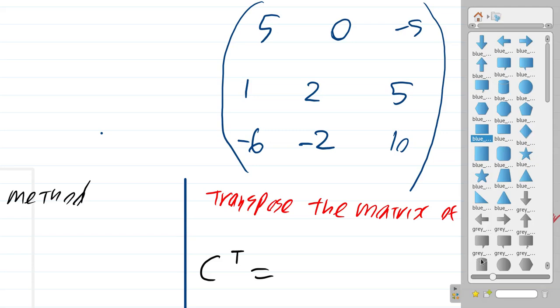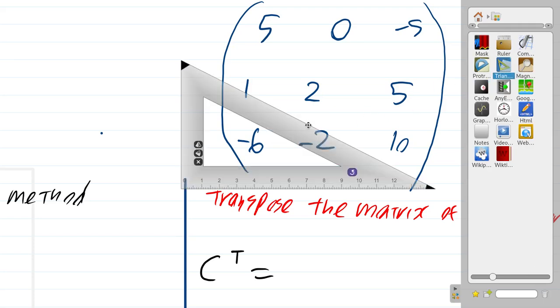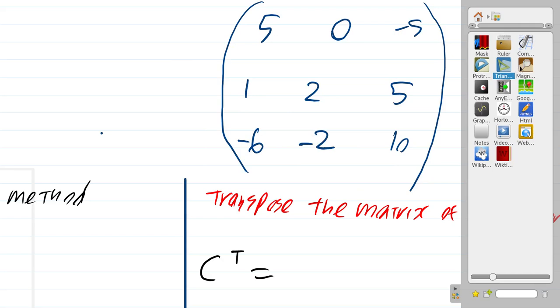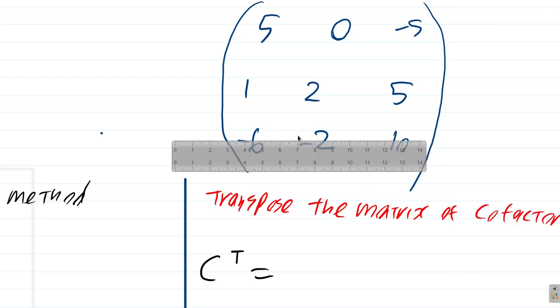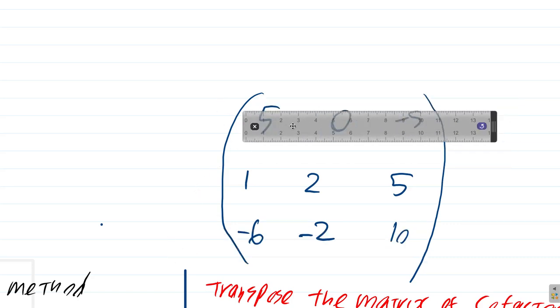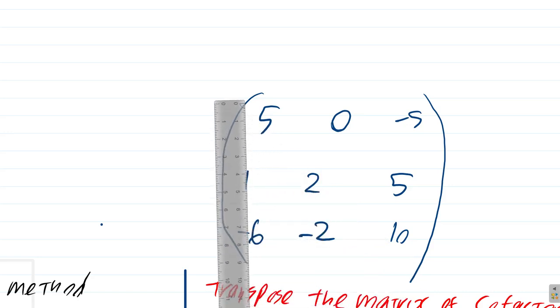Now, let me see, let me get a ruler. No, this is not the ruler that I want. I want a ruler. We can turn the ruler. Alright, good. You see this? What we do, you see this row, we turn it into a column.